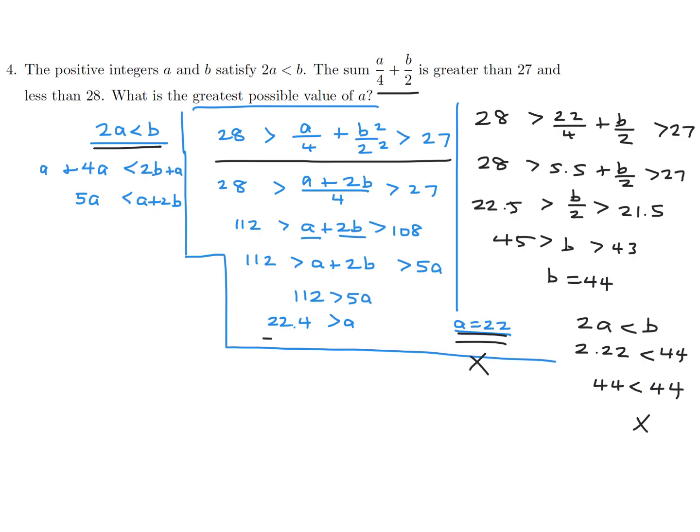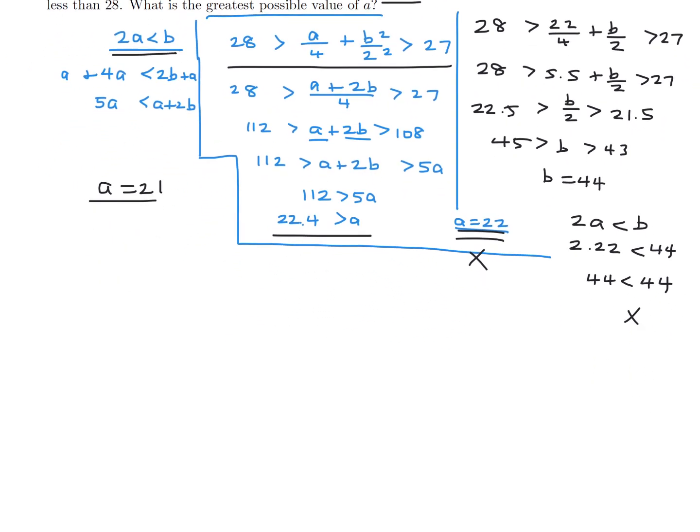Okay, no problem. Since A is less than 22.4, let's try the next one, which would be A equals 21, and let's see if that holds up in our conditions. Same thing, go back to the beginning. So we have 28 is greater than 21 over 4 plus B over 2, which is greater than 27.